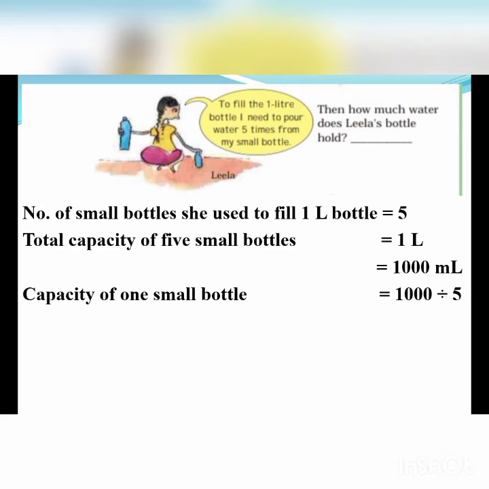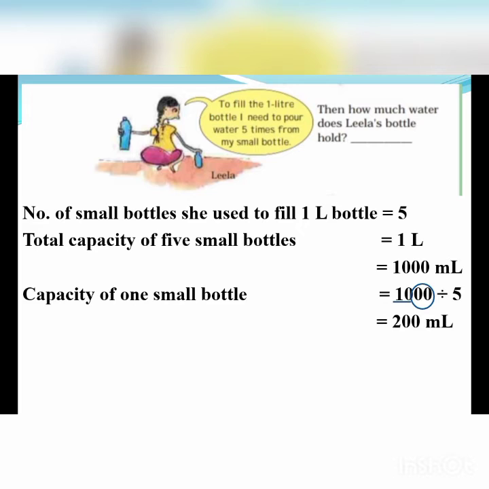Now do this division orally. Simply we know 10 divided by 5 becomes 2, because 5 2s are 10, and put 2 zeros. So it becomes 200. That means 200 milliliters.